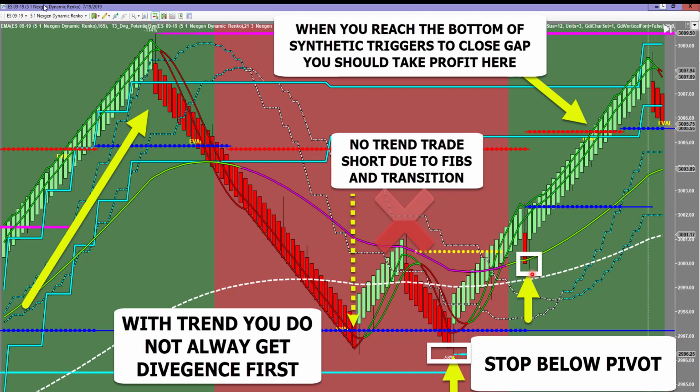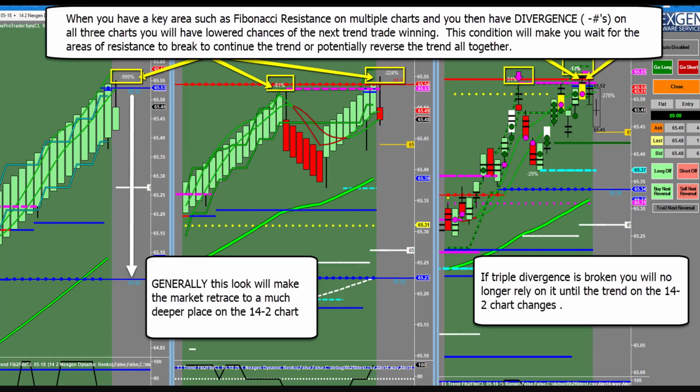And anytime you get back to the synthetic triggers from the wrong side, that's where you take your profit. It might go higher. We don't care. When you hit the bottom of your synthetic triggers from the wrong side, you take your money, or at least get your stop really, really tight, because this spot usually will make the market turn.